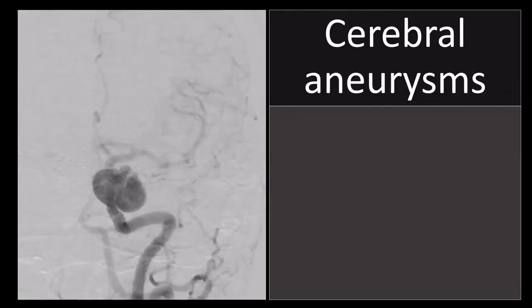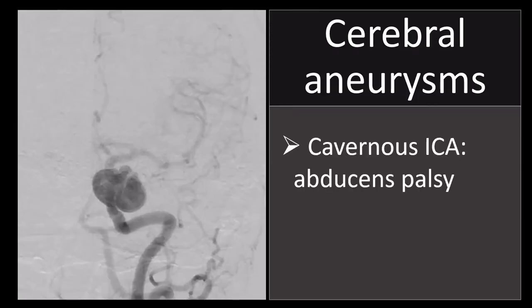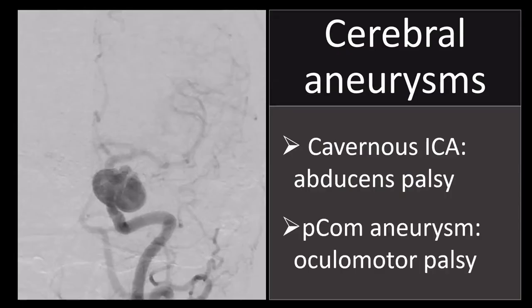Another cerebral aneurysm that can give rise to cranial nerve palsies would be a PCOM aneurysm. So there are two aneurysms that can give rise to cranial nerve palsies, the cavernous, an aneurysm of the cavernous internal carotid artery, which generally causes an abducens palsy, but a PCOM aneurysm can give rise to an oculomotor palsy, so a palsy of the third cranial nerve.